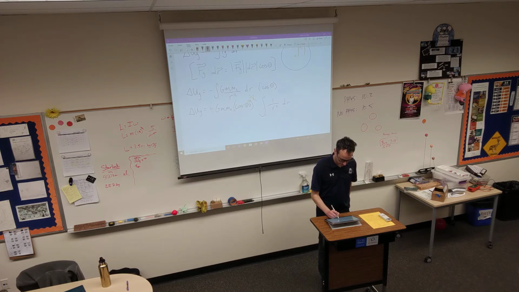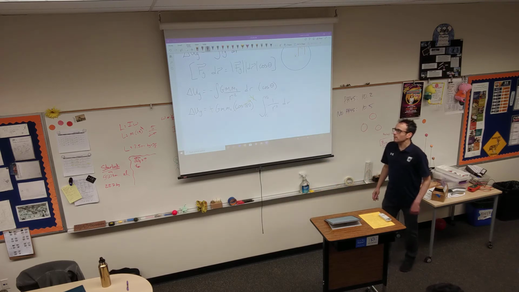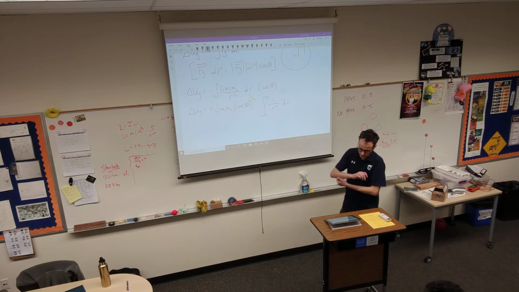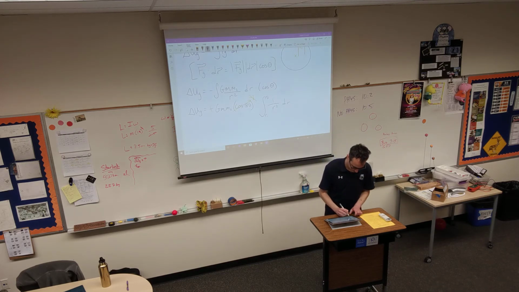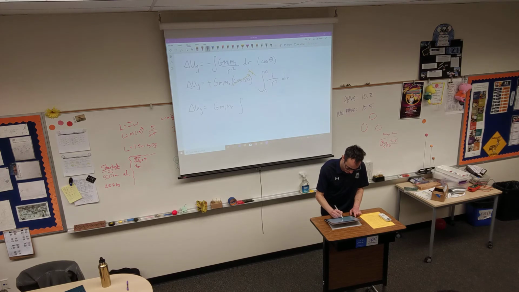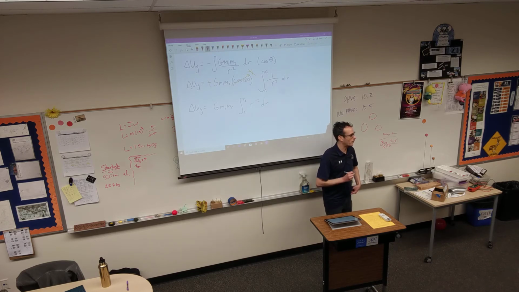From the initial position to the final position. So this is now big G, M1, M2, and then the integral of r to the negative 2 dr. What's the integral of r to the negative 2?